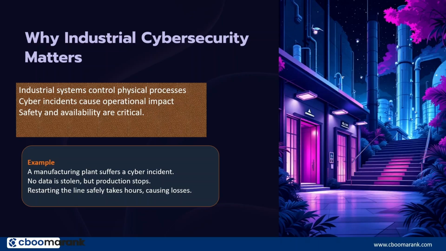No customer data is stolen, no emails are leaked, yet the production stopped. Restarting the line safely takes hours. This means material will be wasted and schedules will be missed. So in industrial cybersecurity, cyber incidents do not need to steal data to cause serious damage. In our OT environment, availability and safe recovery are often the most important concerns.